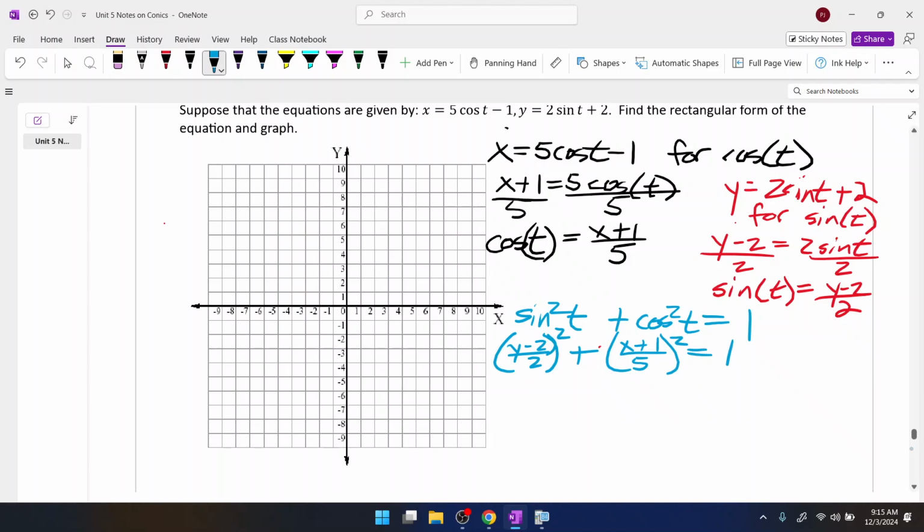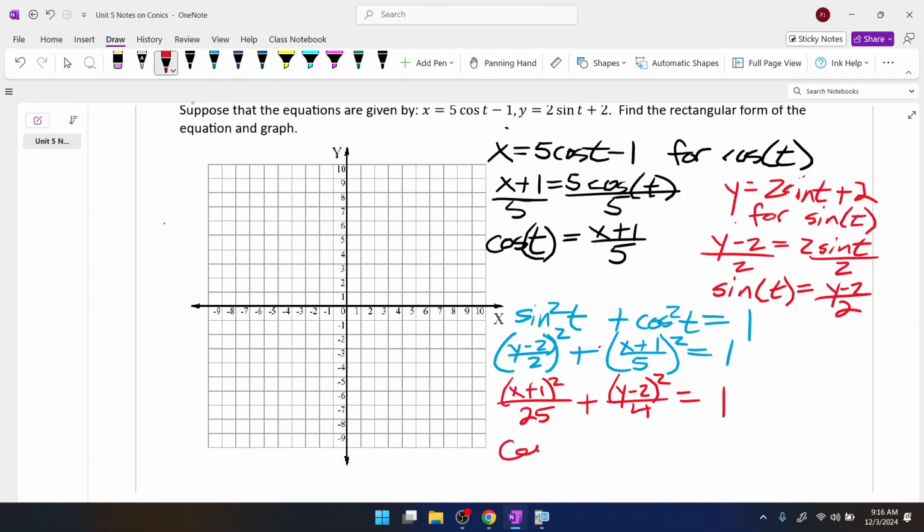Because I am painfully OCD here, I need to put the x first. But you have x plus 1 quantity squared over 25 plus y minus 2 quantity squared over 4 equals 1. And therefore, you have an ellipse. You've got yourself an ellipse.